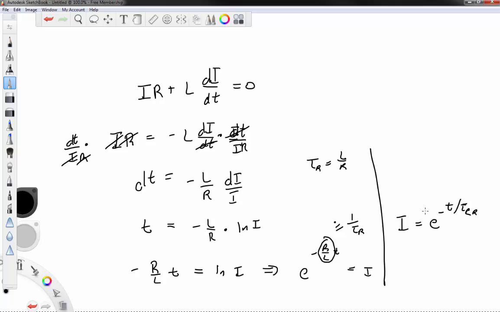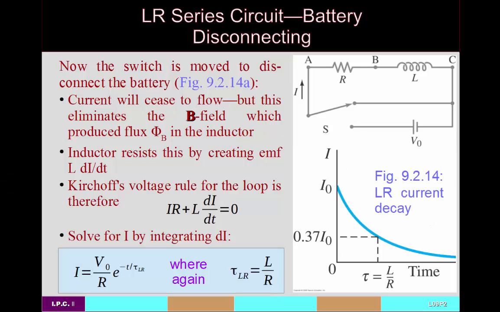And the other equation, the charging equation, is obtained through a similar method. So in this case, rather than having an exponential rise, you have an exponential decay. And basically, that looks something like this. And for every tau, you get another factor of 1 over e times whatever the original current was. That also means you get a 1 over e for every tau, another factor of that, a voltage drop across the resistor.